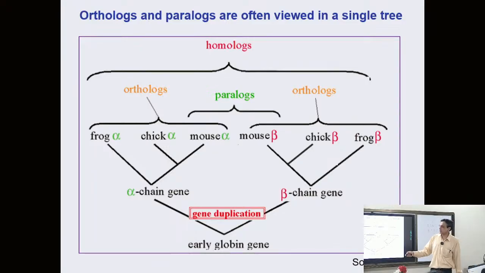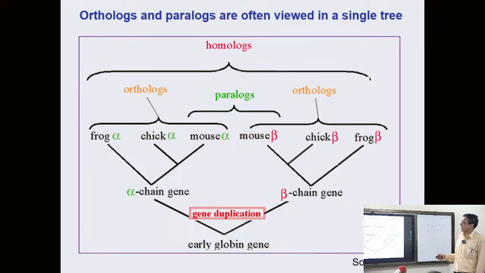Around this point speciation happened, and three species originated: frog, chicken, and mouse. Because of that, there is a frog alpha chain gene, chicken alpha chain gene, and mouse alpha chain gene. This is because of a speciation event that happened around this time. Similarly, mouse beta chain gene, chicken beta chain gene, and frog beta chain gene originated because of a speciation around this time.